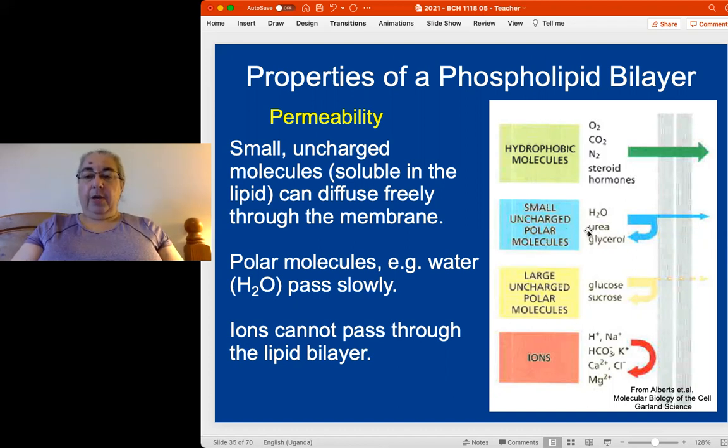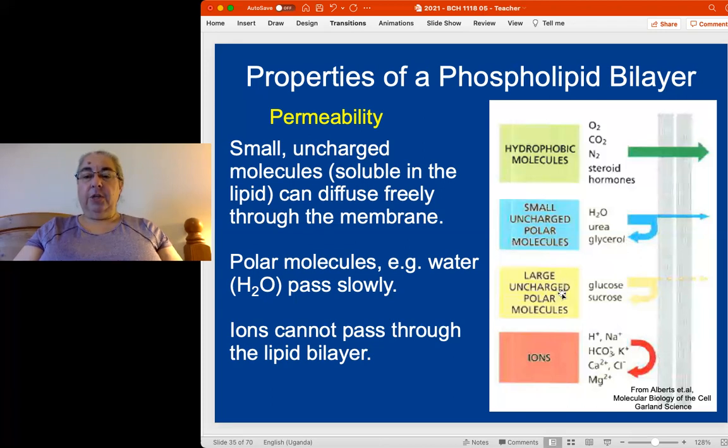Uncharged polar molecules like water itself or urea or glycerol are able to pass to a small extent through the membrane, but a much lesser extent than the hydrophobic molecules. Okay, some pass through, most are not able to pass through.